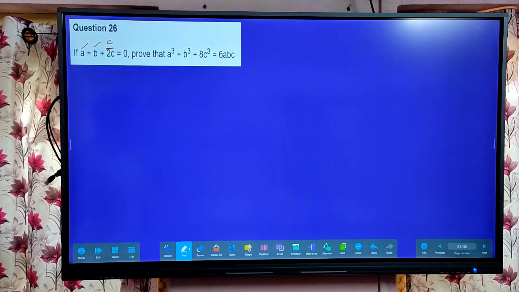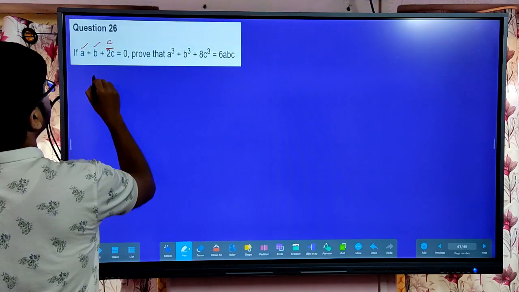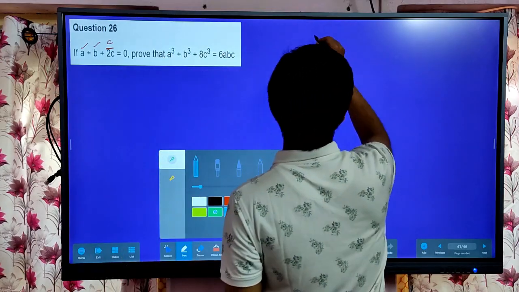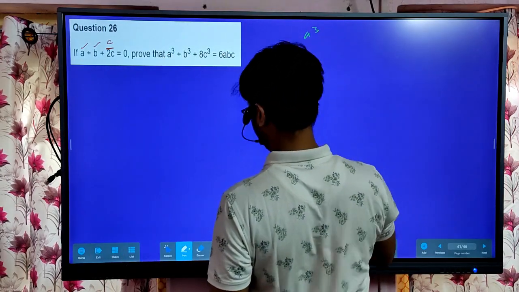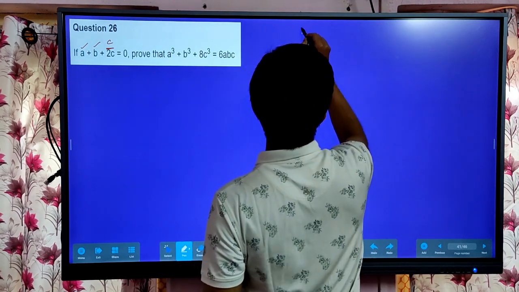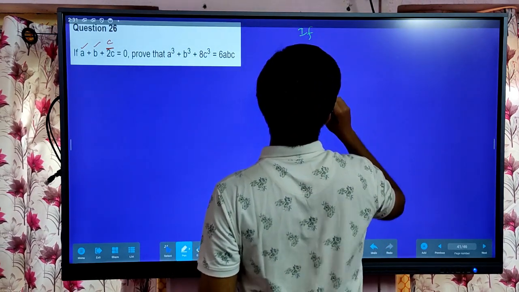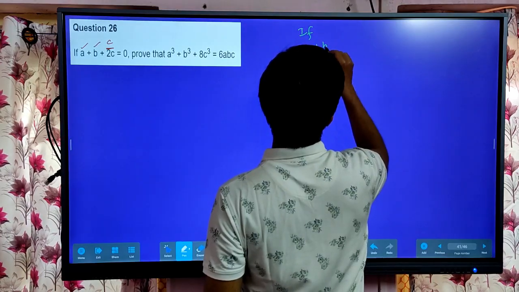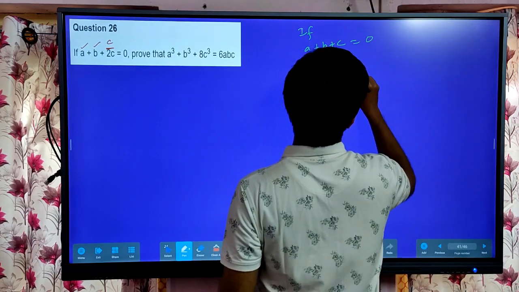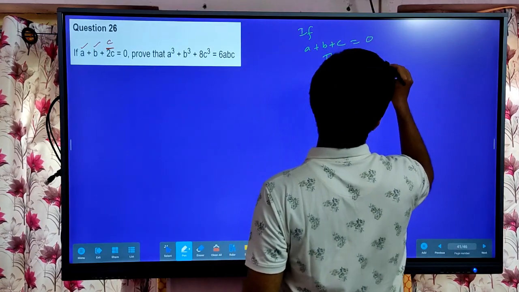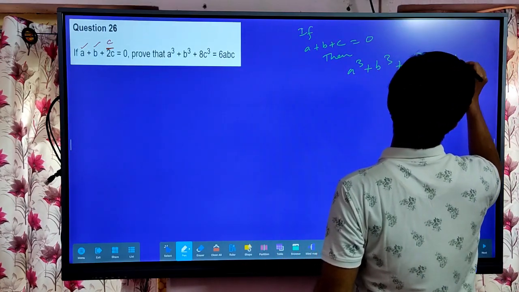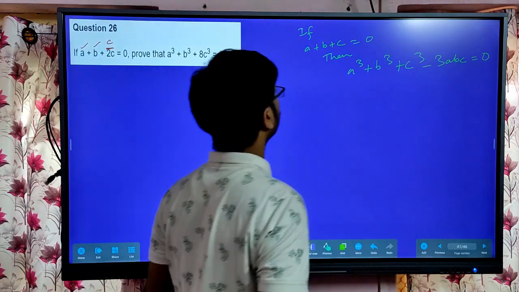So what is the formula? That big formula, a cube, what was that? If a plus b plus c becomes 0, then a cube plus b cube plus c cube minus 3abc equal to 0. Okay.